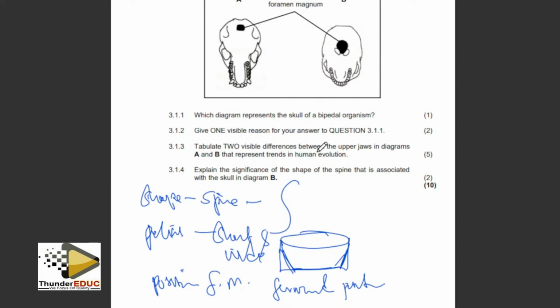And when you are explaining the brain, there is something which you are looking for. If you don't mention it, you don't get the mark. The brain of human is not bigger than the brain of the elephant. It is only bigger than the brain of the elephant if you are comparing it with the body size.